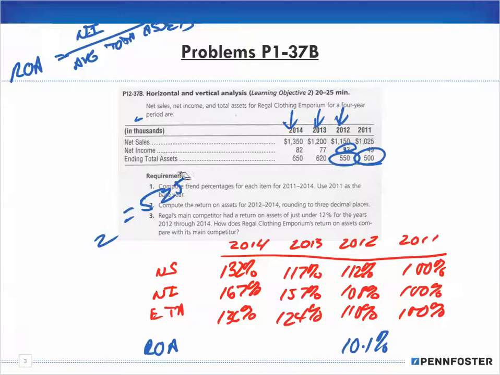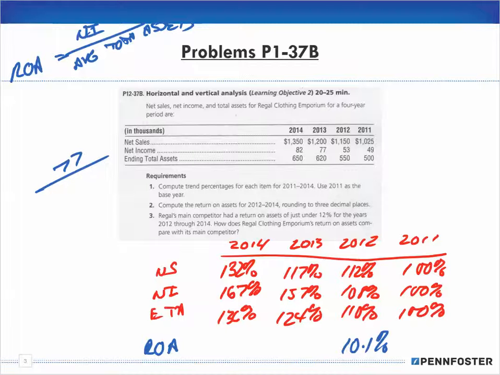And so doing 2013 and 2014 is basically the same thing. If you know where the numbers come from, all you're doing is replacing them. So I have 77 divided by 550 plus 620 over 2. And when I do all of that math, I end up with 13.2%.